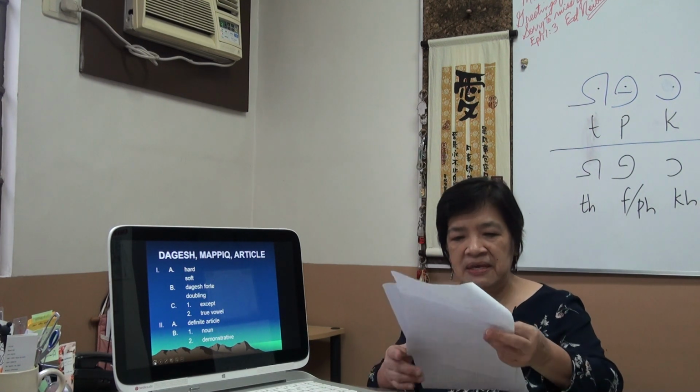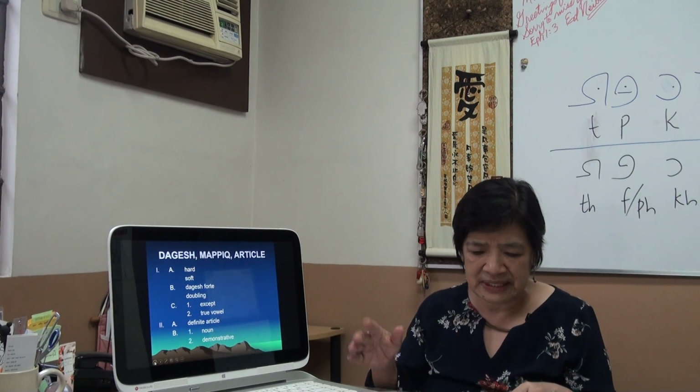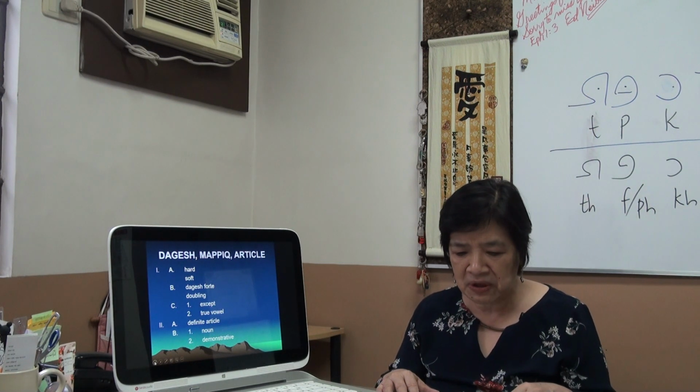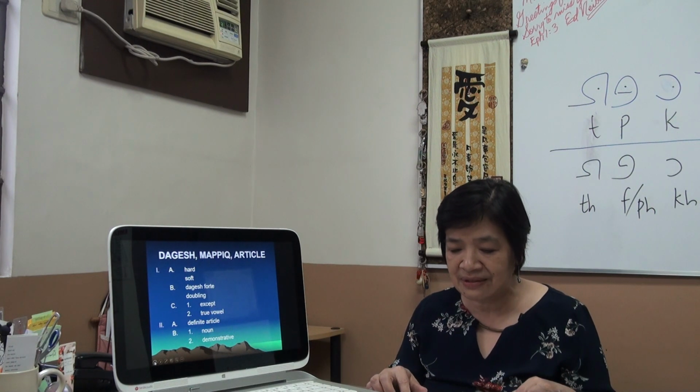There's also the conjunctive Dagesh Forte. Don't bother about this one. I'll just read this. This is not important for you at this time. An initial consonant with a Dagesh Forte is called the Dagesh Forte conjunctivum. This holds true when the following occur. The two words are closely connected in pronunciation. The first word is accented on the last syllable, the ultima, or the second to the last, the penultima.